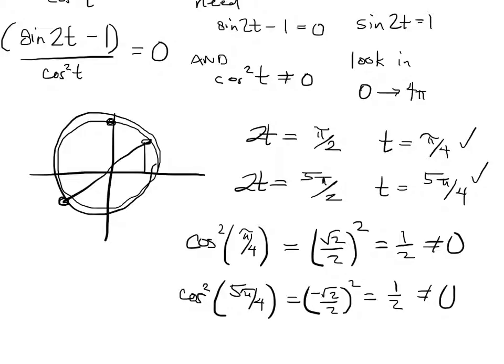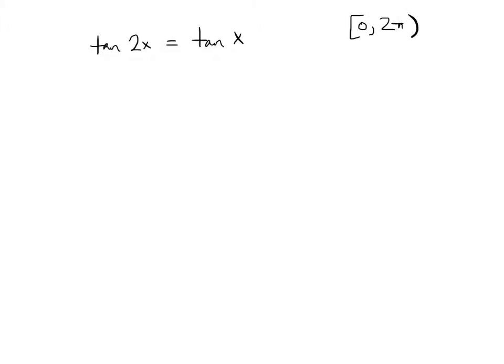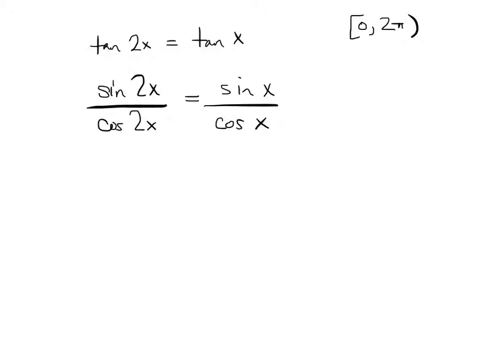All right. As we proceed through the levels of difficulty, we are now encountering something quite difficult. Tangent 2x equals tangent x. Sine 2x over cosine 2x equals sine x over cosine x.